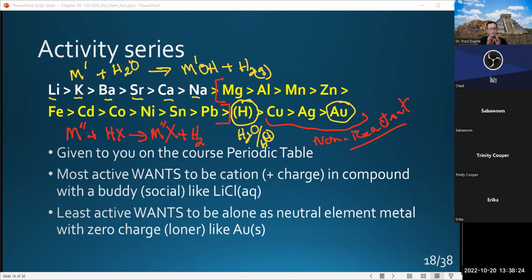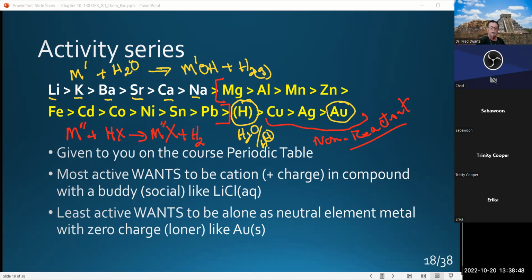If we see hydrogen, we have to ask the question: is hydrogen in its most reactive and most stable form, which would be a proton? If hydrogen is not in a proton or in water form, then there's no reaction. But we'll do some examples of that too.